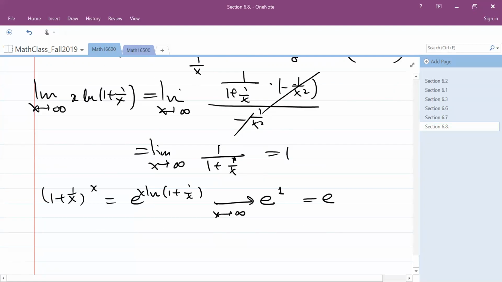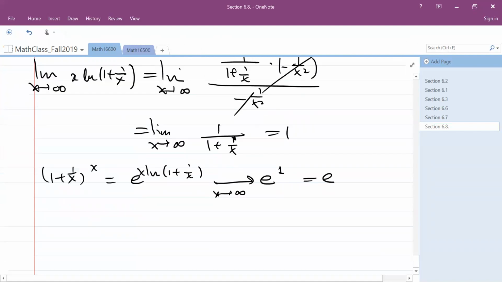We call it e. There are two important numbers in the world, pi and e. Pi is an irrational number that could be understood by many kids in middle school, even elementary school, right?